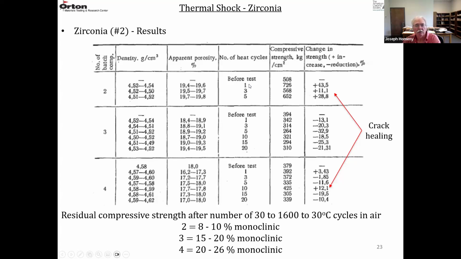So it's an average. The number of heat cycles it went through. And then the compressive strengths, and then the change in strength, whether it was an increase or a reduction. So these were compressive strengths using the 1600 degrees C cycle, and 2, 3, and 4 are going up in monoclinic phase content.